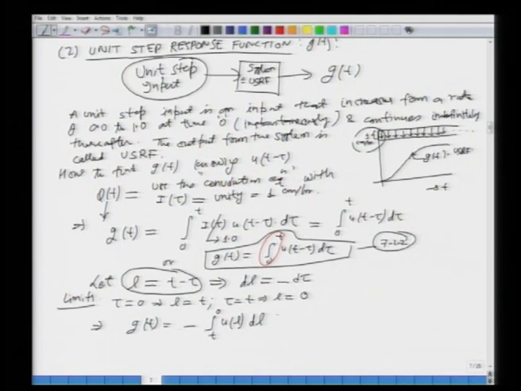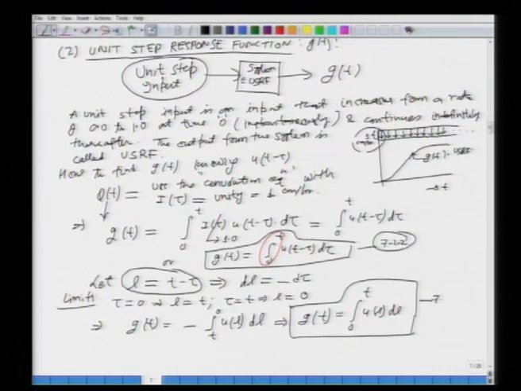So, that is what I have got. That means your G(t) is equal to minus, which you can take inside and change the limits of integration, the integral from 0 to t of u(L) dL. So, we have done slight substitutions and some mathematical manipulations to arrive at this equation, which I am going to number 7.2.3.